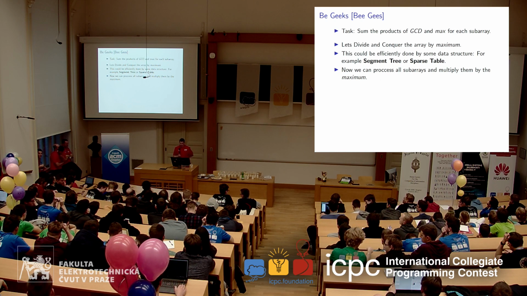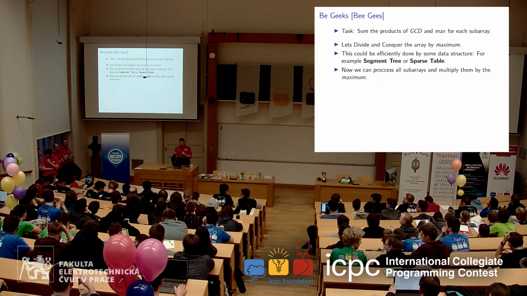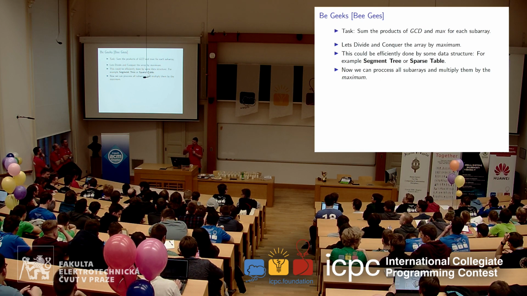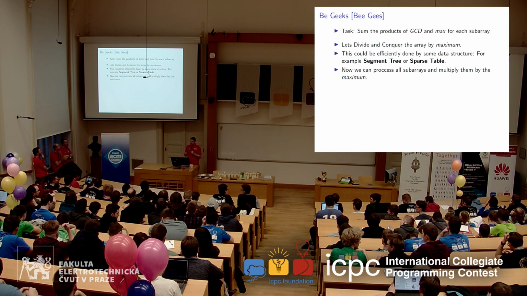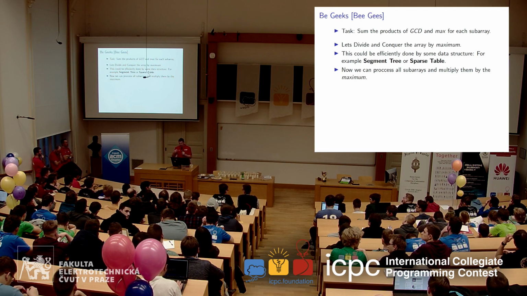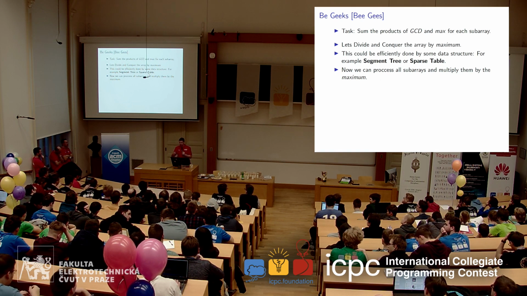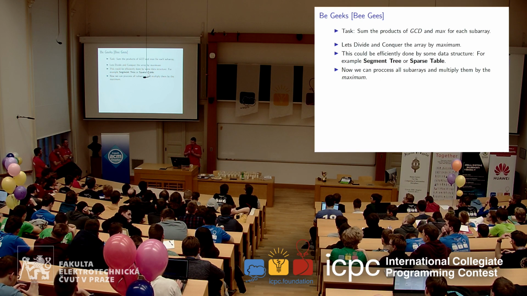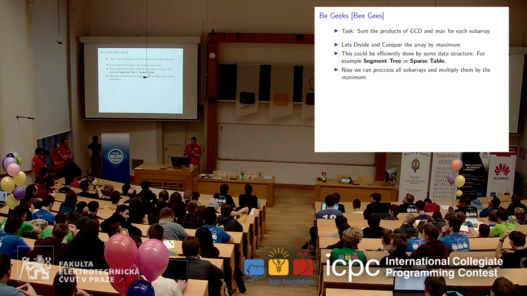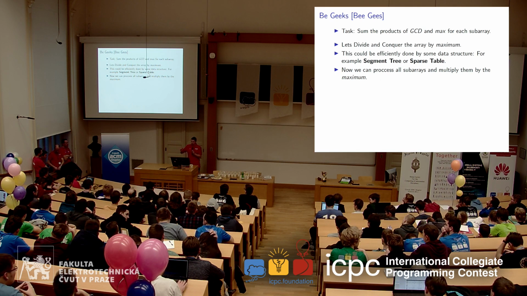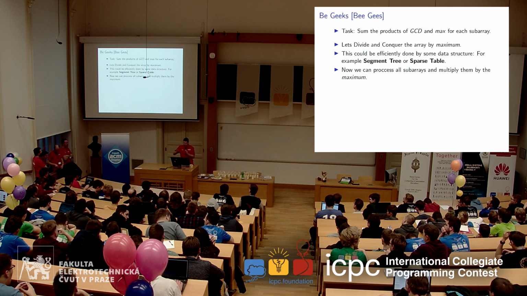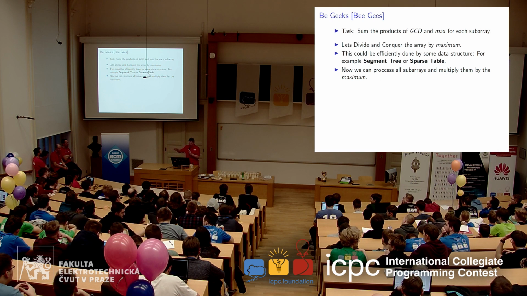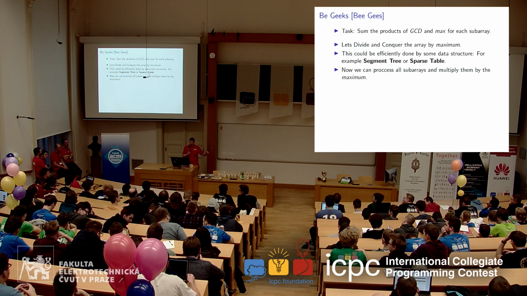And here we could see the behavior of GCD, that it drops logarithmically. So there were only a logarithmic number of blocks which achieved some GCD on the right part from the maximum, and the same for the left part.